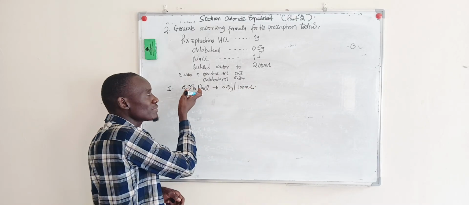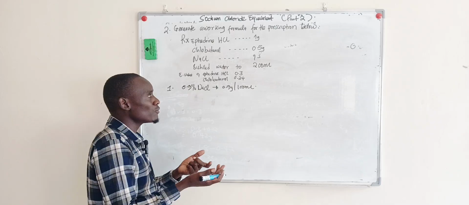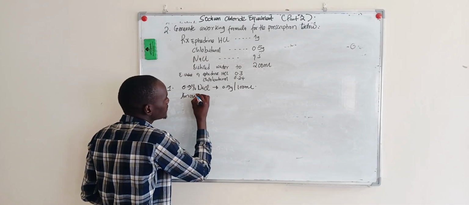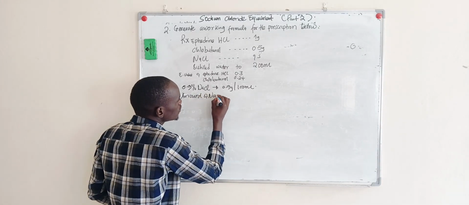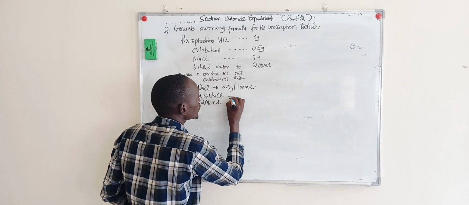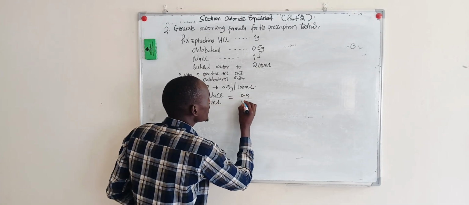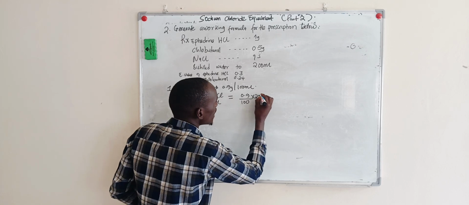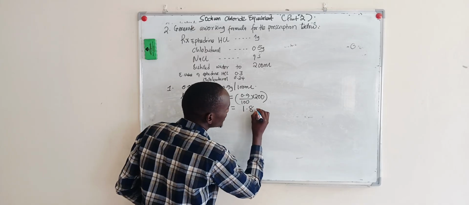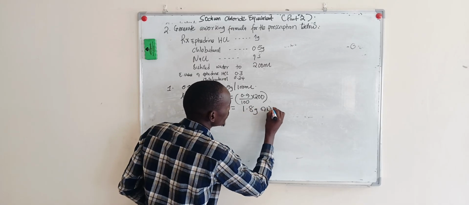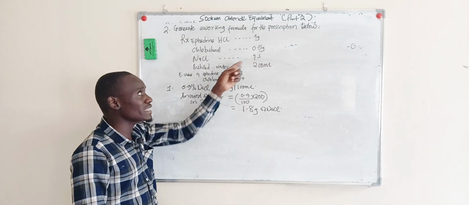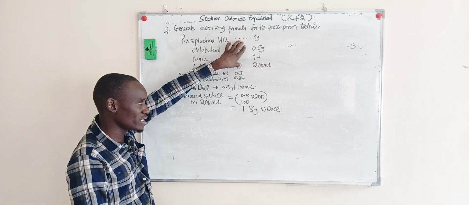So we shall begin by obtaining the amount of sodium chloride in 200 mils of the solution. This will be 0.9 divided by 100 times 200 mils. And when we compute this, we shall get 1.8 grams of sodium chloride. So this is the amount of sodium chloride which is required to adjust this solution to isotonicity.